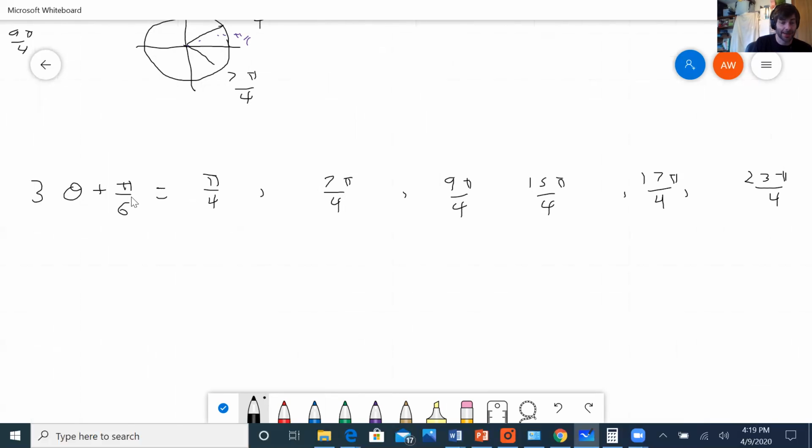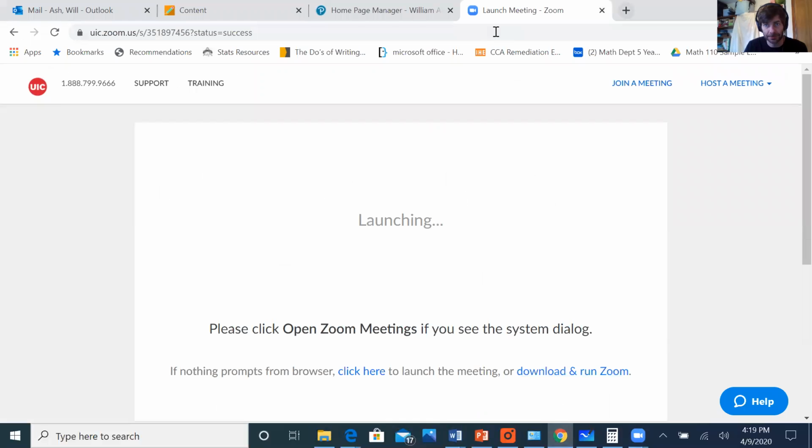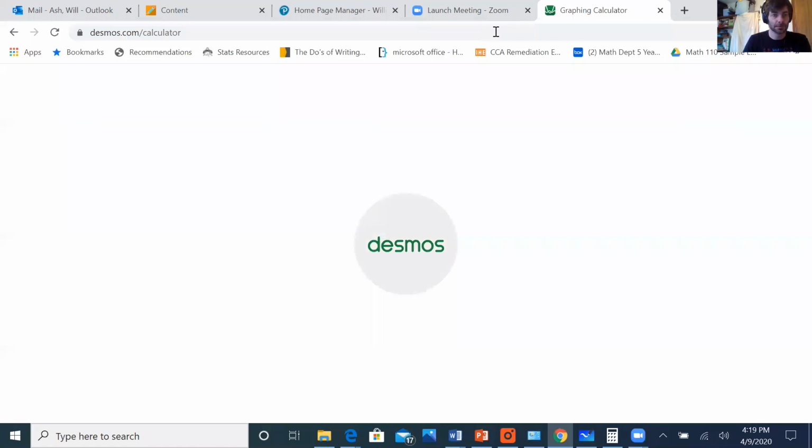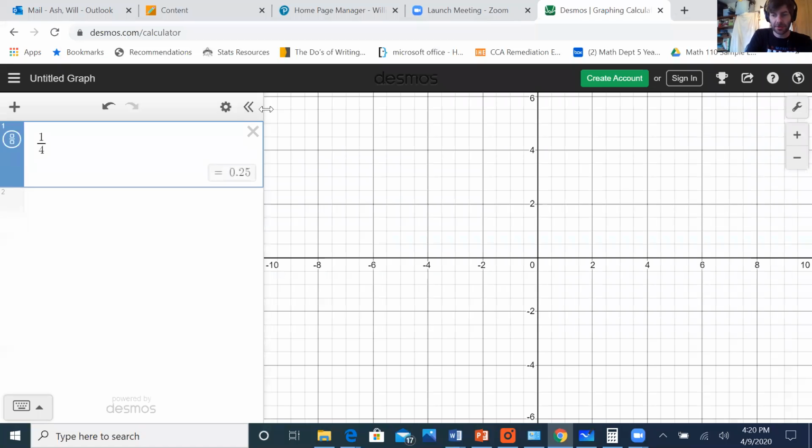Then I'm going to subtract pi over 6 from each one of these. So now I've got 3 theta equals, what's 1/4 minus 1/6?